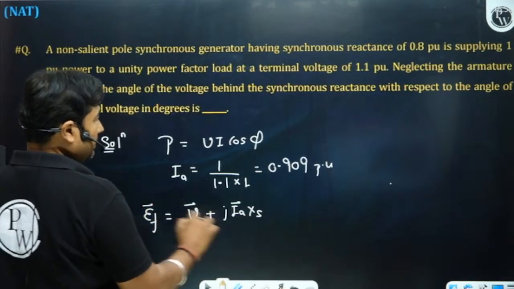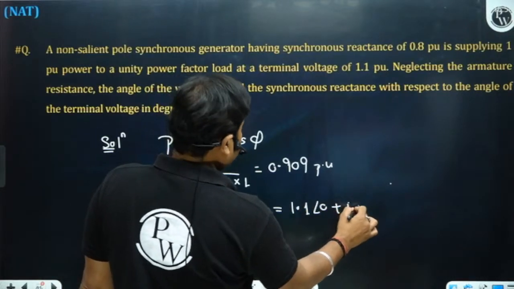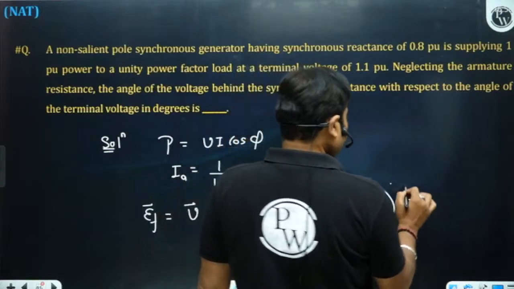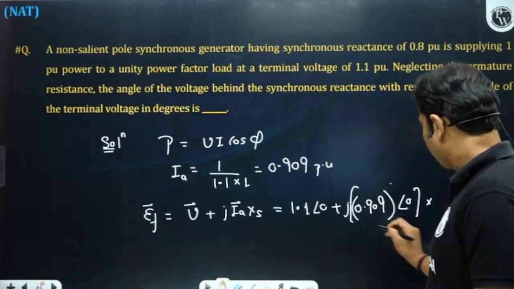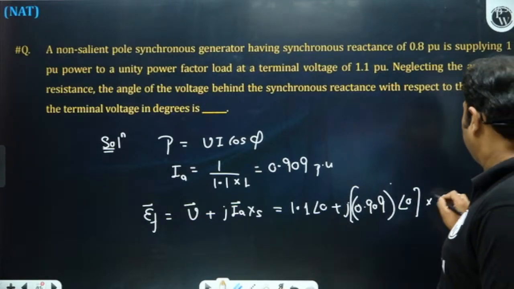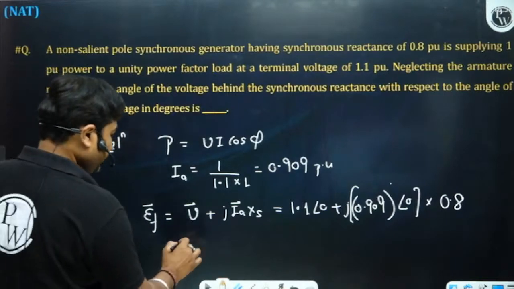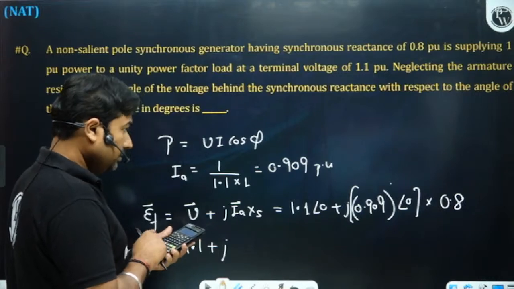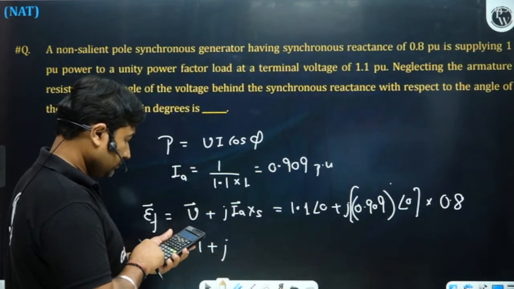Yes, sir. 1.1 at an angle 0 plus j times 0.909 at unity power factor, multiplied by Xs which is 0.8. So you can calculate the angle as well. 1.1 plus j 0.72.